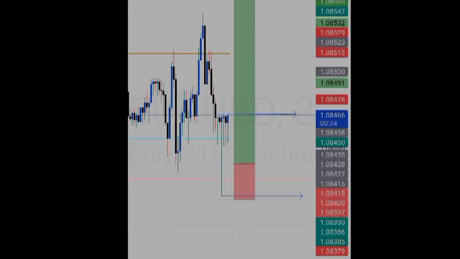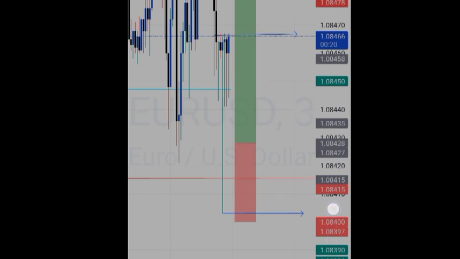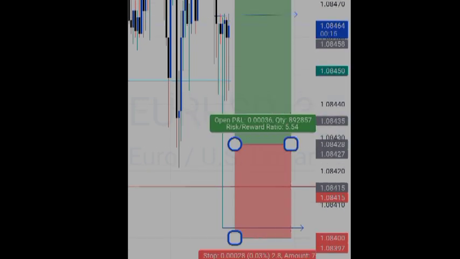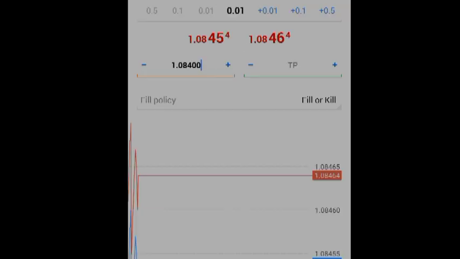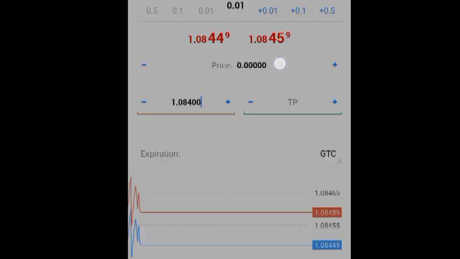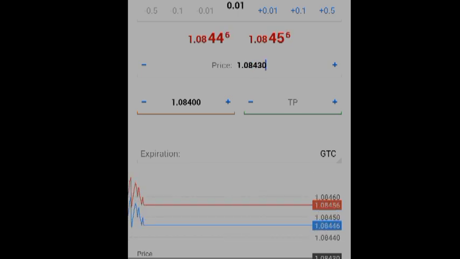If it actually comes to that discount, let's do it like this. 1.08430.